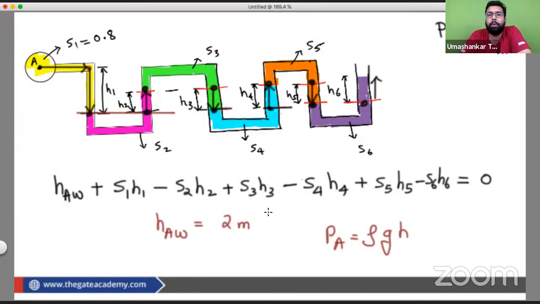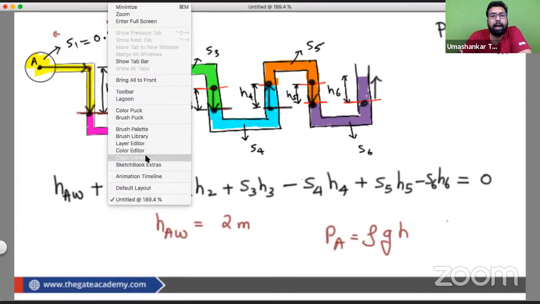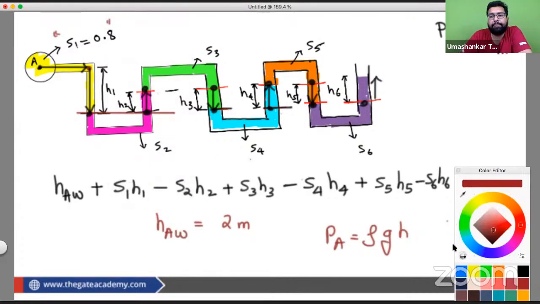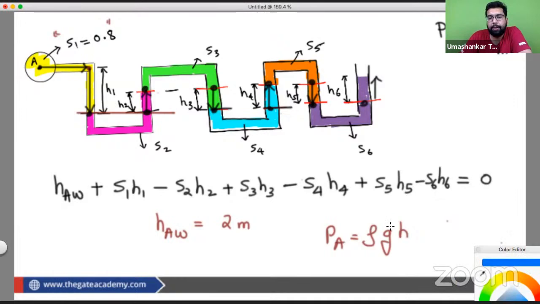Now my question to you is, if the fluid flowing here has specific gravity 0.8, shall we use 800 for this rho, or shall we use 1000 here? Option A or B?